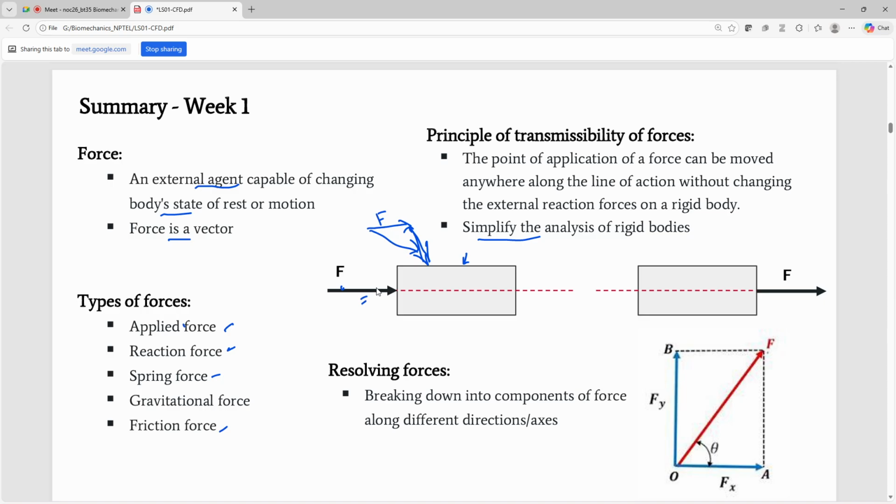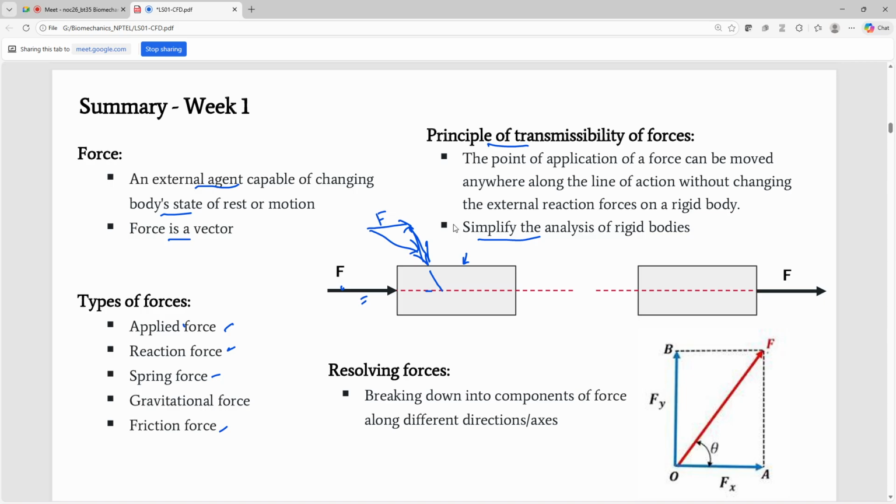We can move these two forces here to construct a vector triangle or vector addition. All those things exist only because of this principle called the principle of transmissibility.